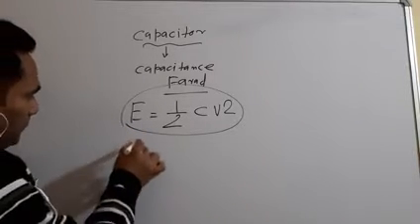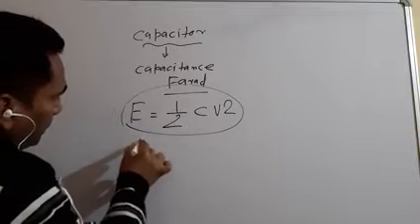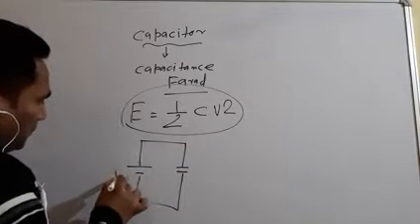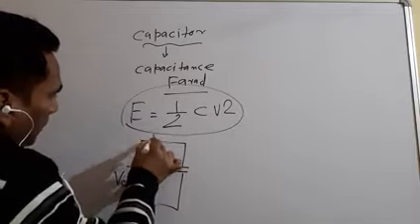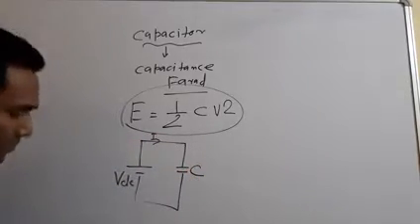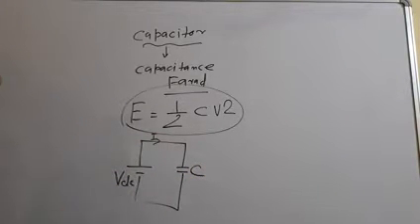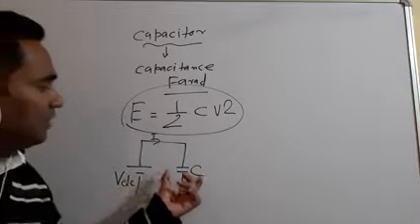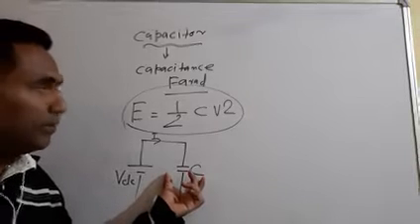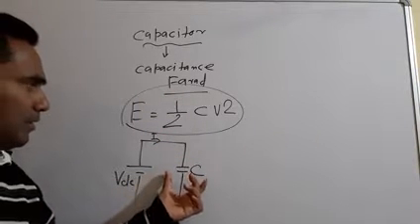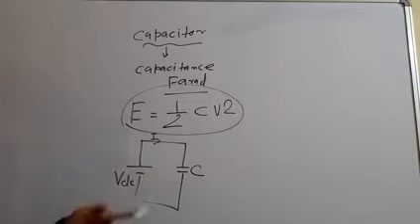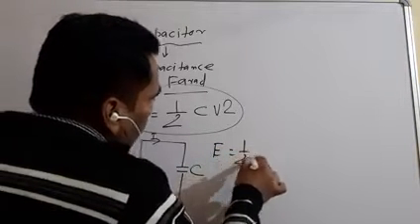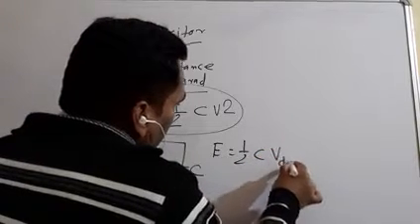For example, in any DC circuit, if we connect a capacitor, with V_DC, current I, and this capacitance, and we are interested in how much energy this capacitor will store, we can write E is equal to half C V_DC square.